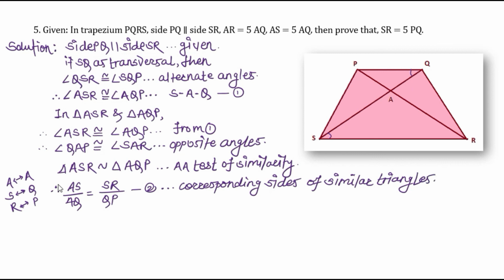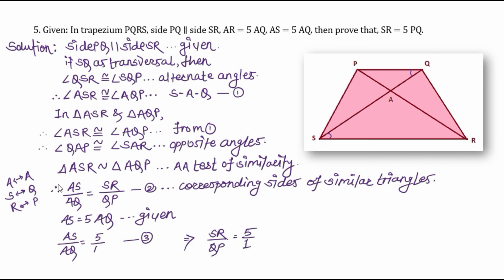The next step, we have already given AS is equal to 5AQ. That is the given. So we can use that by reshuffling it. AS upon AQ is equal to 5 upon 1. Again I am giving number 3 to this equation. So we can write here SR upon QP is also 5 upon 1.